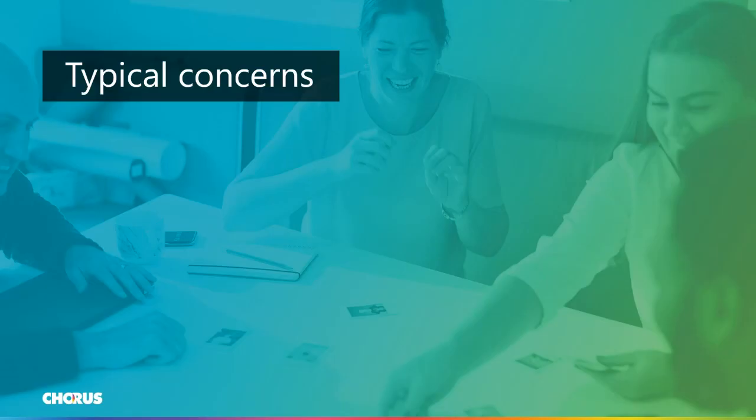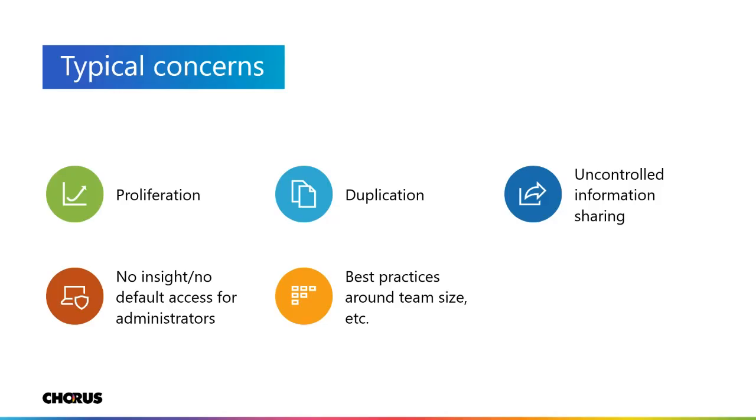So, typical concerns that we hear. Proliferation is a big one. A lot of administrators and service owners are worried at the number of teams and Microsoft 365 groups increasing very rapidly. People worry about duplication, people creating teams to solve the same problem independently, so you end up with more than one team for the same underlying requirement.